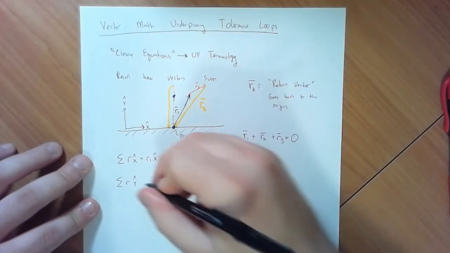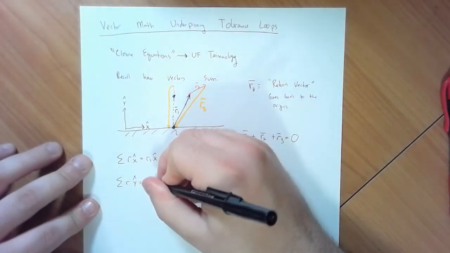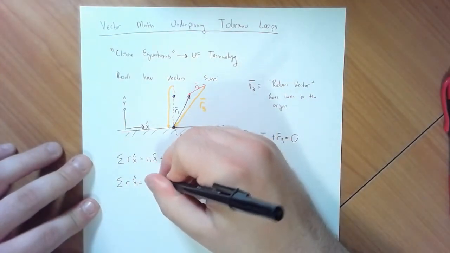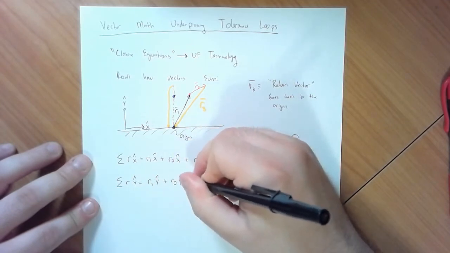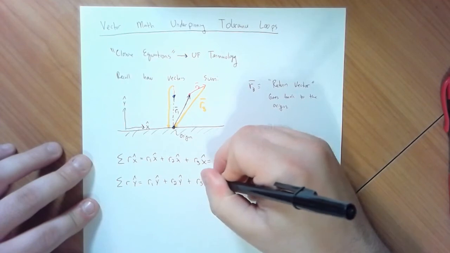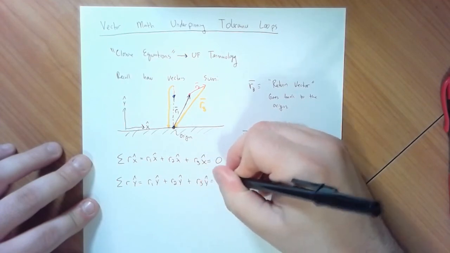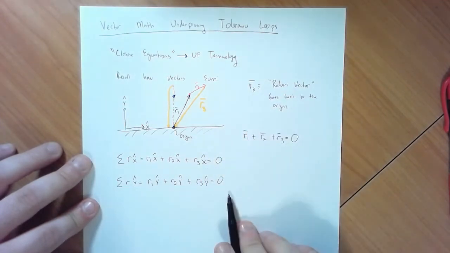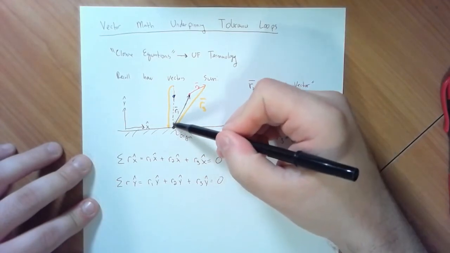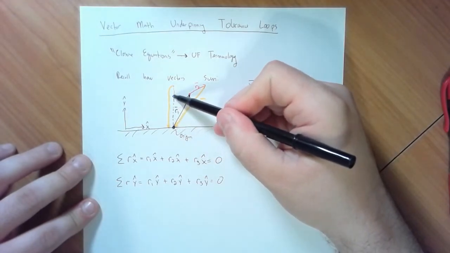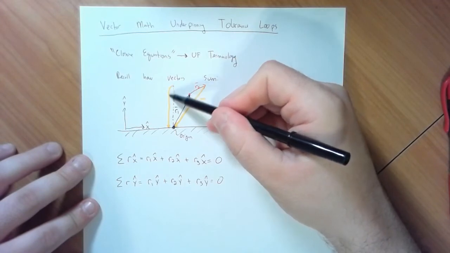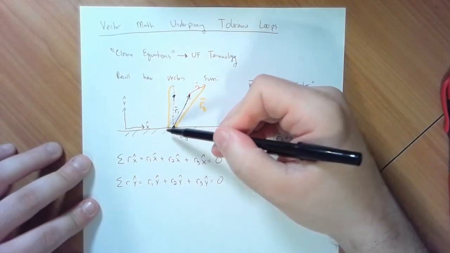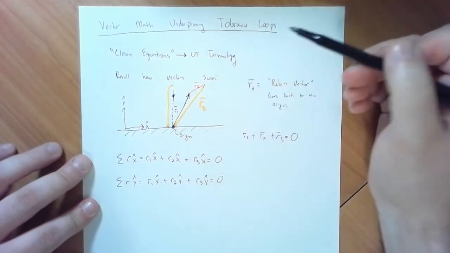And in the y direction, I can do essentially the same thing. So R1 in the y hat plus R2 in the y hat plus R3 in the y hat equals 0. So with the second expression, really all I've done is just walk there to get to R1 in the y hat, there to get to R2 in the y hat, and then all the way back down to the origin, which is R3 in the y hat direction.